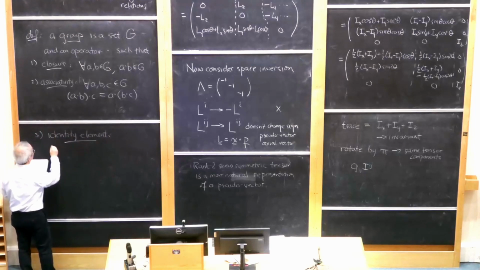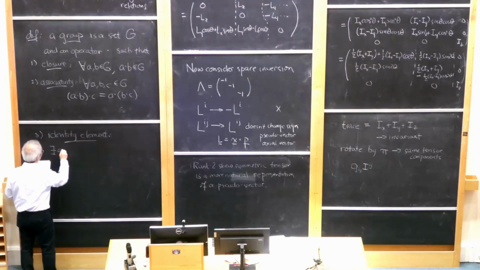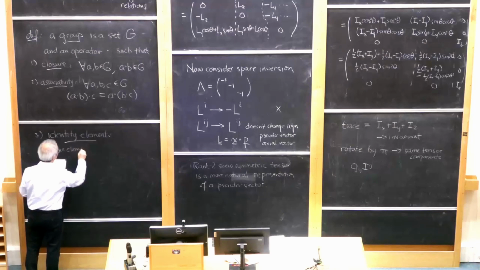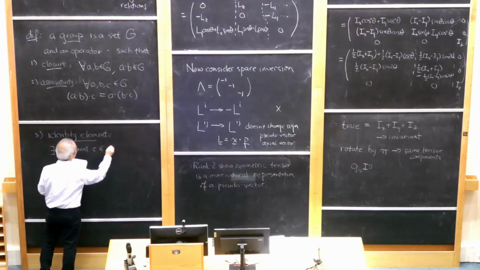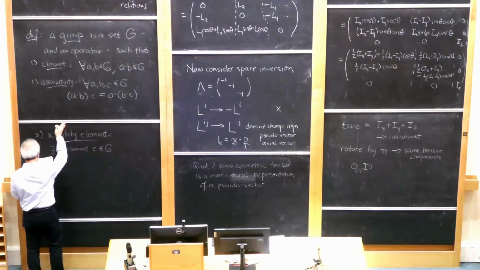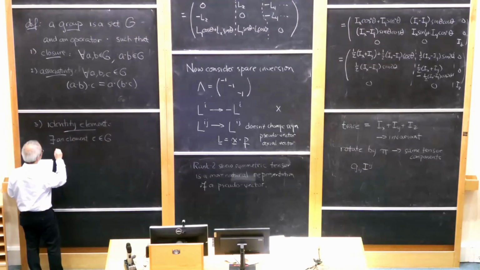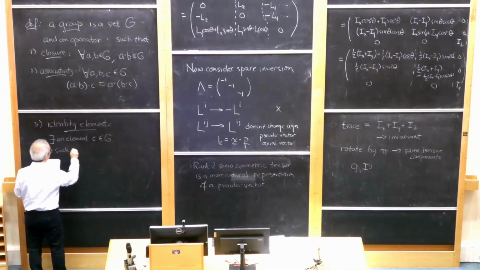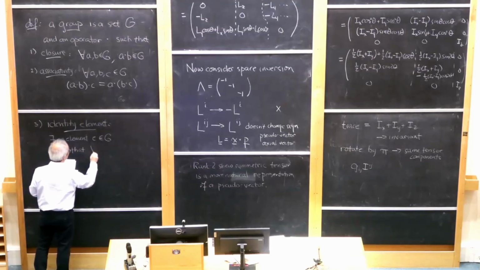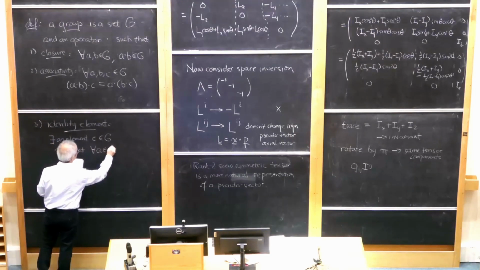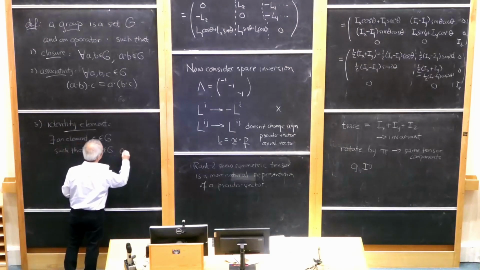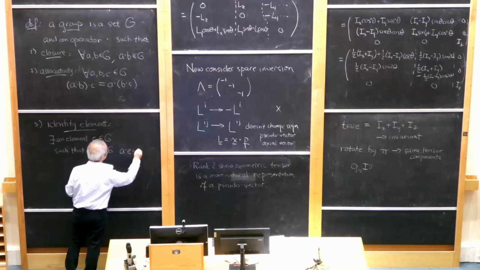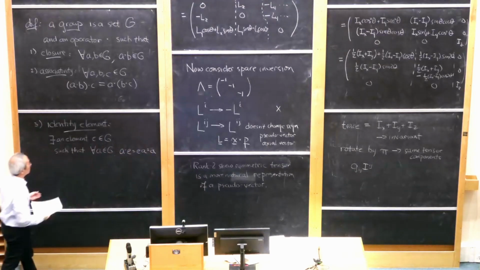So there exists an element, which we often just call E, which is an element of the set, such that for all A, you have the relationship that A dot E is equal to E dot A, which is equal to simply A.